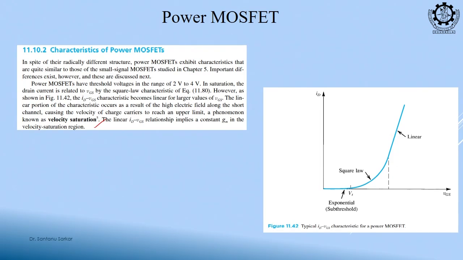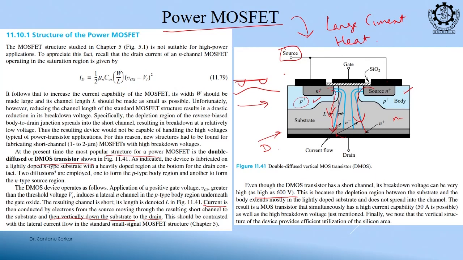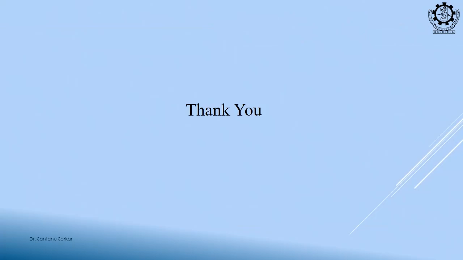And the application of this DMOSFET or double diffused MOSFET is in power applications. It can withstand more current and more breakdown voltage. The normal current equations are satisfied, the same. So, we have covered the power amplifier, both class A, class B and class AB. Class C we just defined, but we have not gone into it in detail.